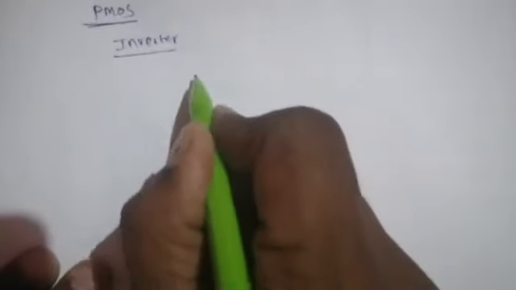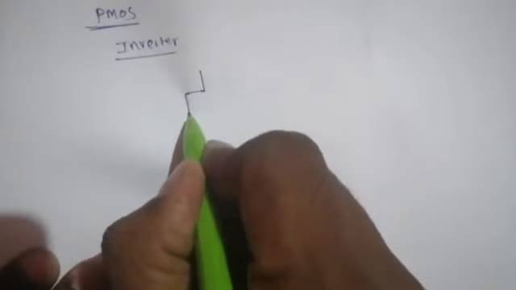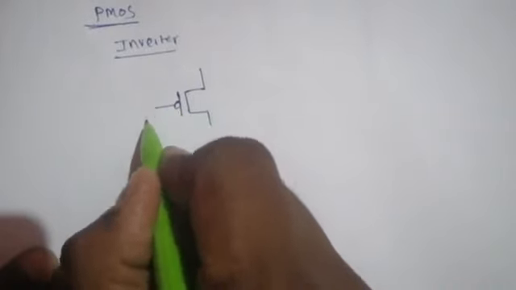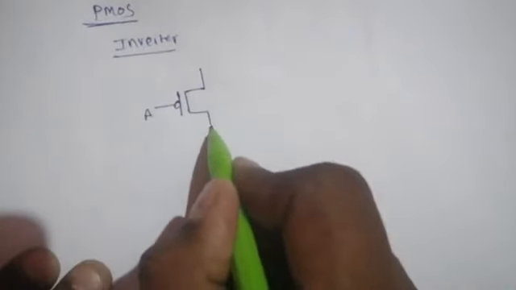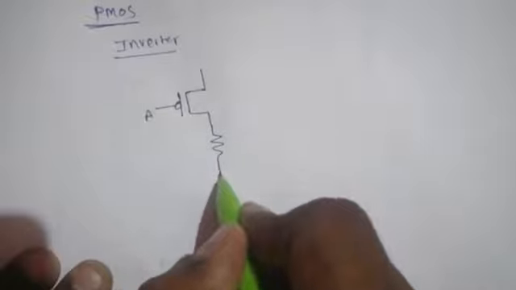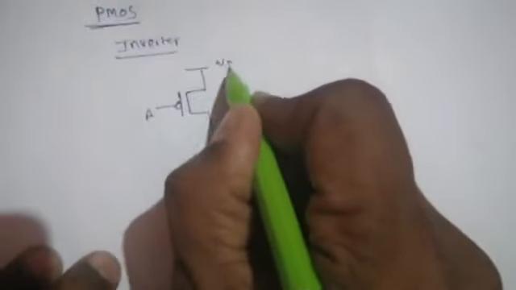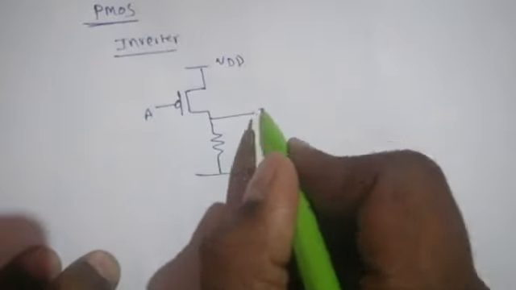Now we have to discuss PMOS logic, exactly opposite to NMOS. In this PMOS inverter, above we have to implement the corresponding logic. Here A is the input, and below we connect the corresponding resistor. This is VSS, this one is VDD, and this is the output voltage.